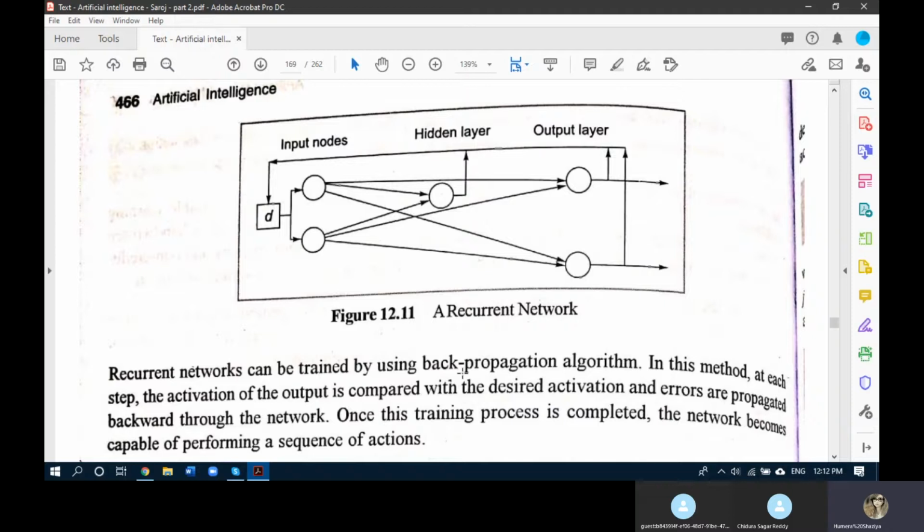Backpropagation is used for both feed forward network and recurrent network for the purpose of training, for making the network learn something new. What is it learning? It is learning the weights. After it learns the weights, the output that it generates might be equal to or closer to the actual output.